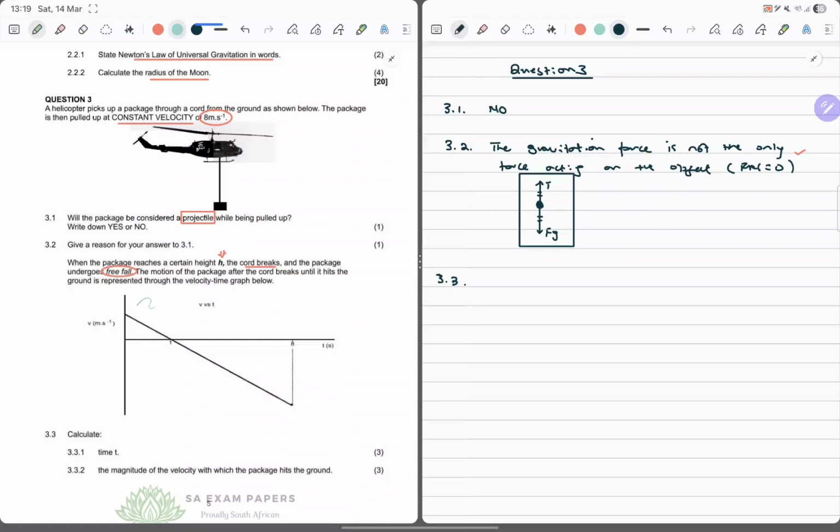And it's in one direction because the gradient is saying so. Can you see? It's a negative gradient. So this means the acceleration, obviously for a falling object like this, is always downwards, okay? Because the cord is broken. So it always accelerates downwards.